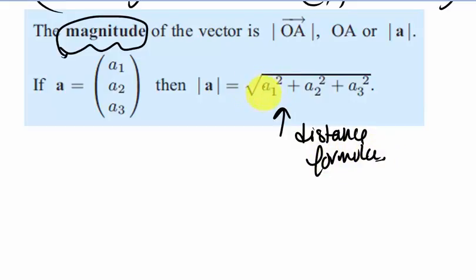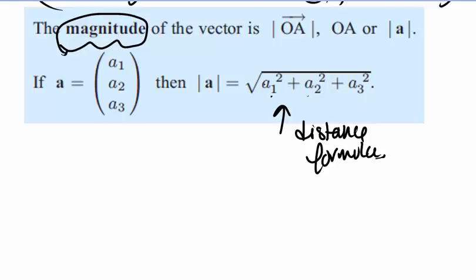Because we've already subtracted, right? We already subtract our x2 minus x1, y2 minus y1, and z2 minus z1. So really we're just finding the distance. And that is where we will end, other than the fact that notice that this is the absolute value because a distance has to be a positive number.